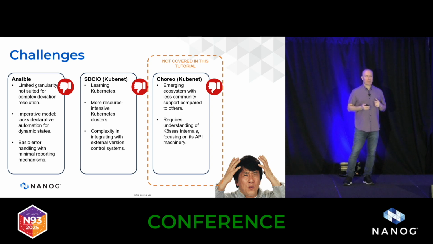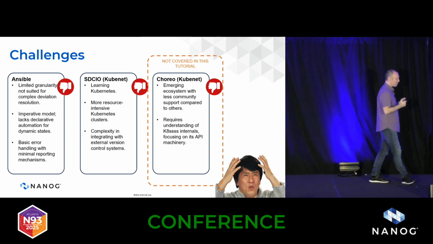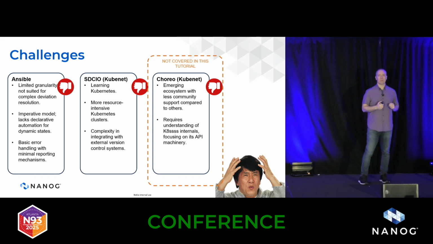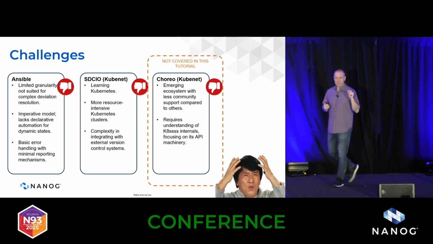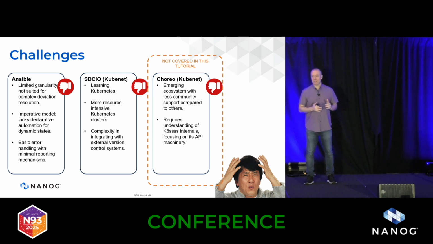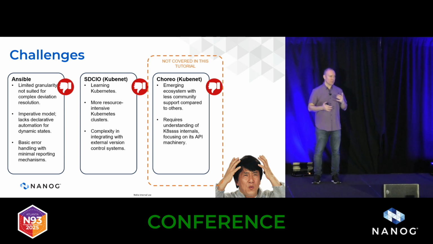Choreo, I like Choreo because it's very lightweight and very easy to use. Choreo is trying to bring some sort of Ansible experience, or no, Terraform experience, to the user in the way to use it. It's still emerging, still work in progress, but it's growing.